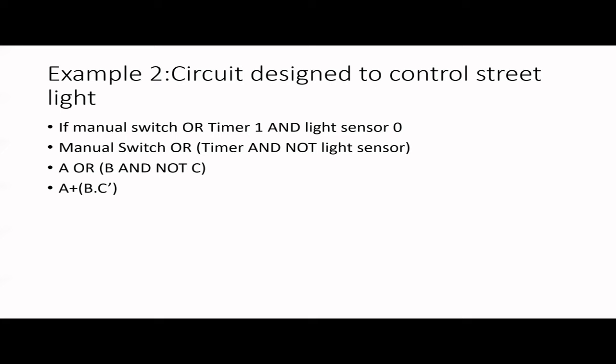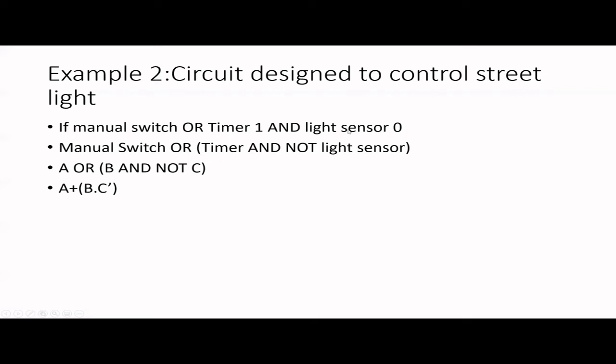Now think of a very gloomy day with a rain cloud, so very dark. Then the light sensor will be 0, but the timer is not on, right? Because it's the morning time, there's rain. So at that time, the street lights are not going to switch on. They will switch on in the night, only if it is dark. So that's why this AND is there.